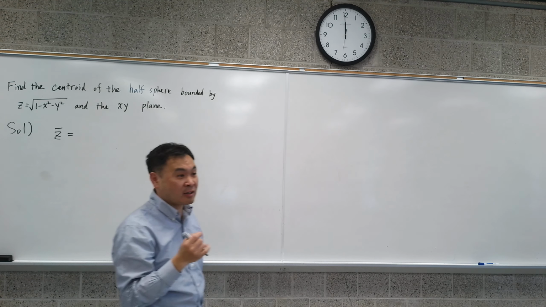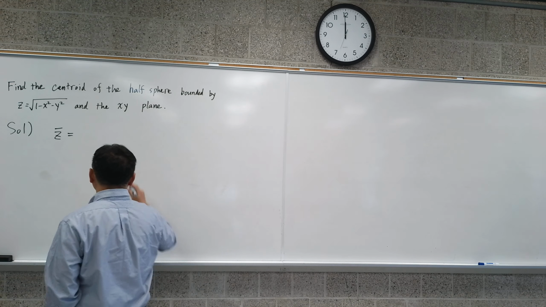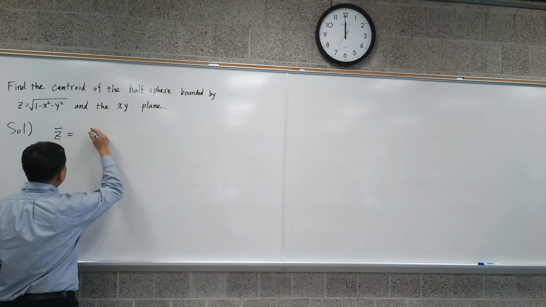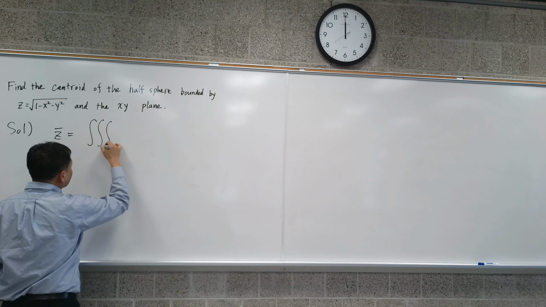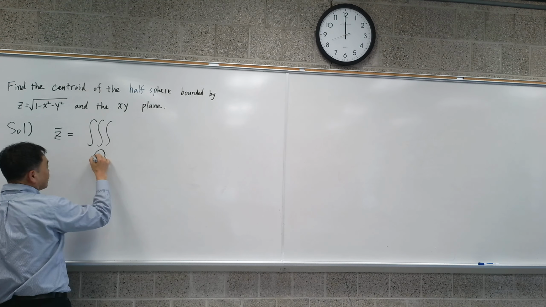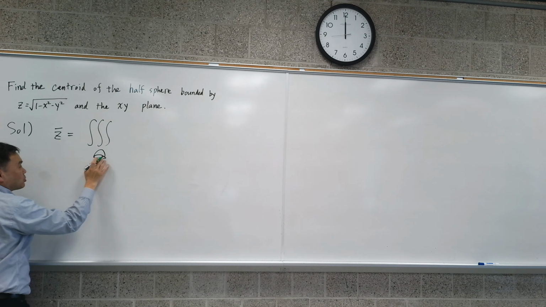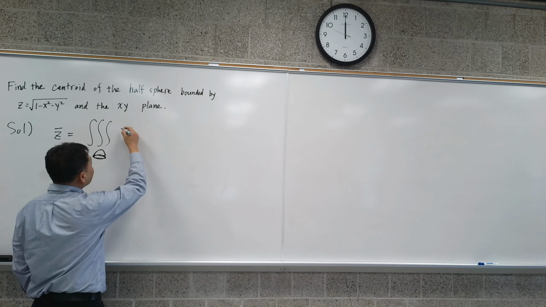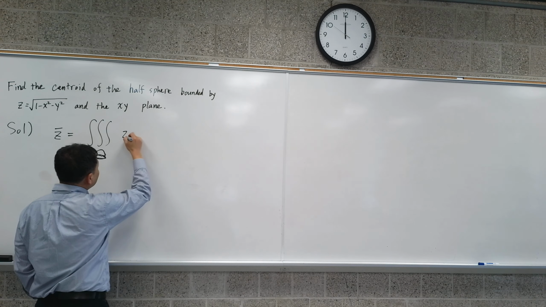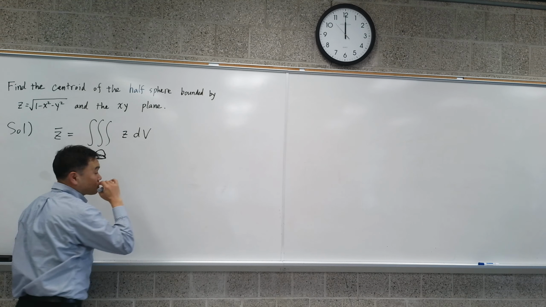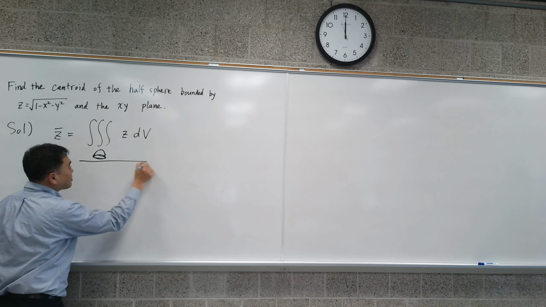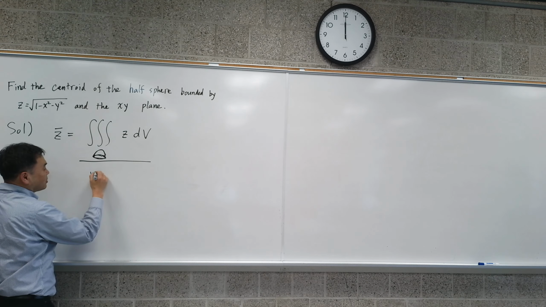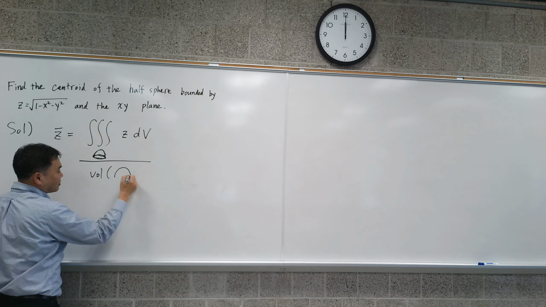So you have this sphere, this is my poor drawing of a half sphere, okay? We're integrating z dv. So we're adding up all the z coordinates, and then we're dividing it by the volume of this thing.